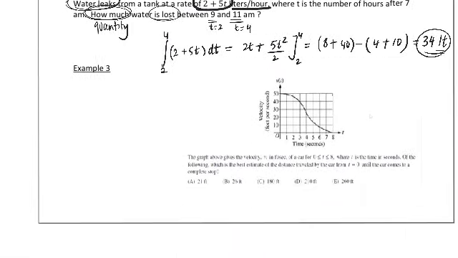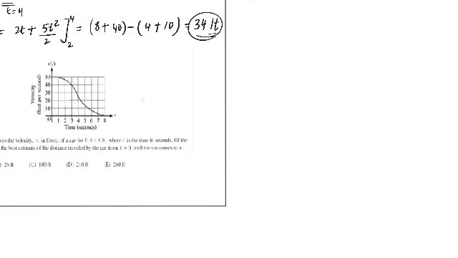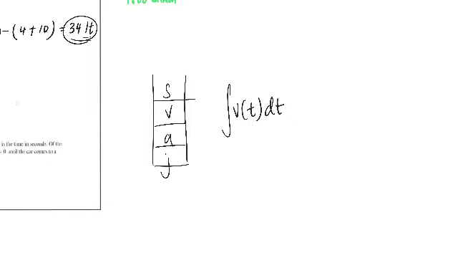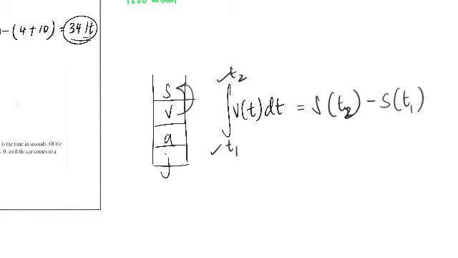Example 3 is about velocity, right? So with velocity, we want to remember that we've got our ladder and positions on the top. And so when you integrate velocity, right, you are getting a change in position. If you integrate a velocity from one time to another time, then you're finding the antiderivative, and you would be doing s of t2 minus s of t1 if you're going from time 1 to time 2, right?